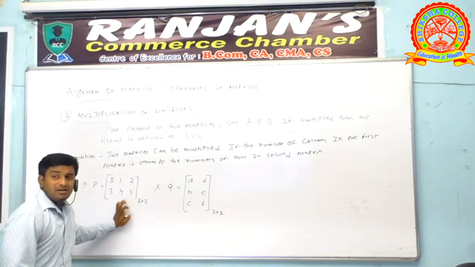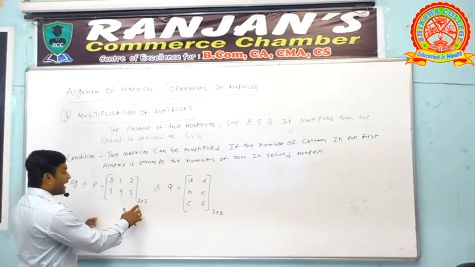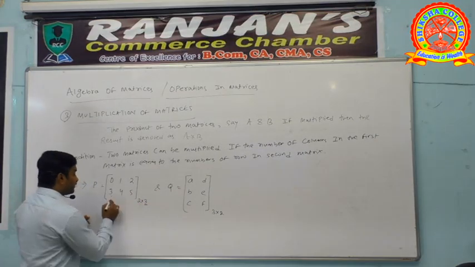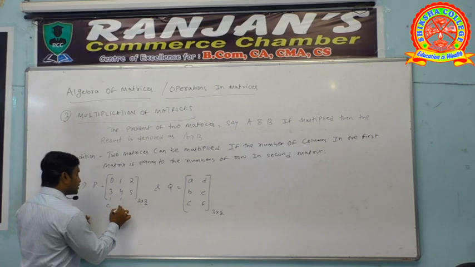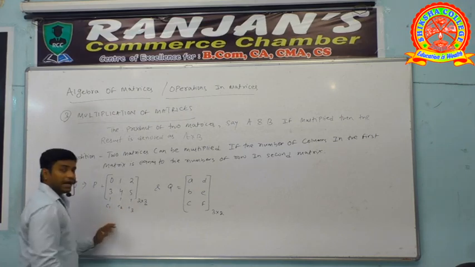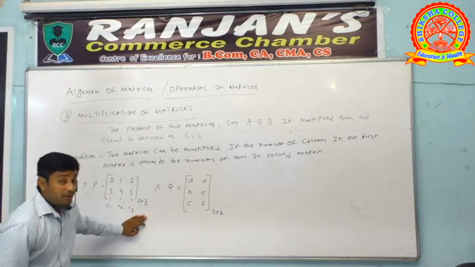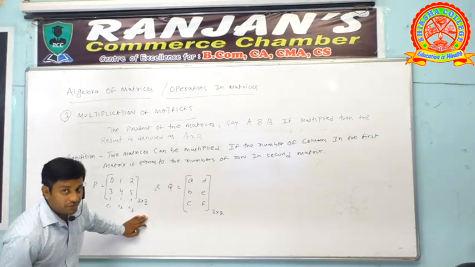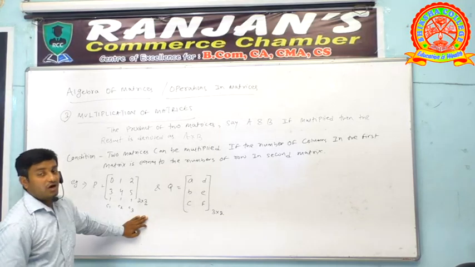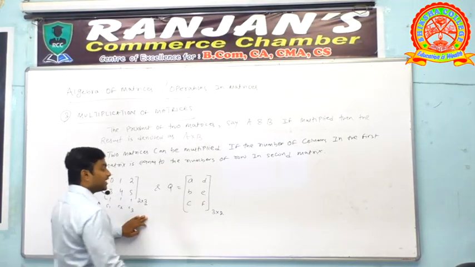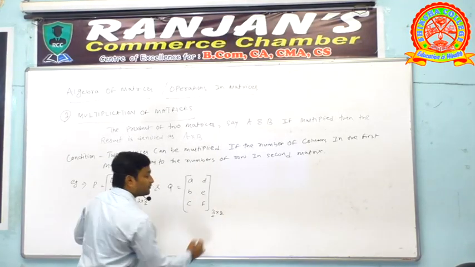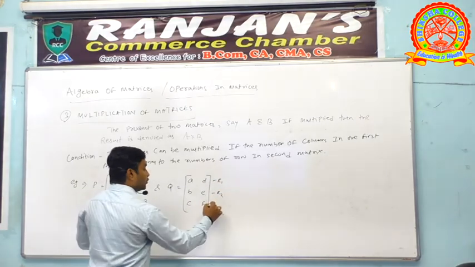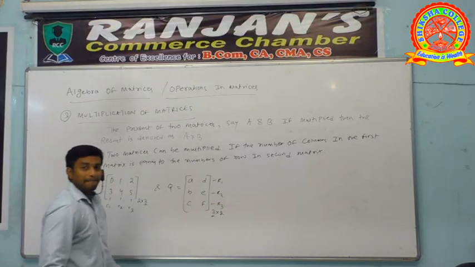So what is the number of columns here? We have 3 columns, C1, C2, C3. It must be equal to the number of rows in the second matrix. So here we have 3 rows, row 1, row 2 and row 3.